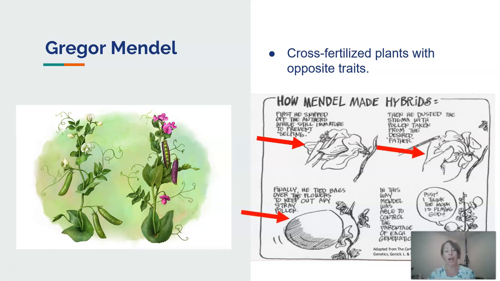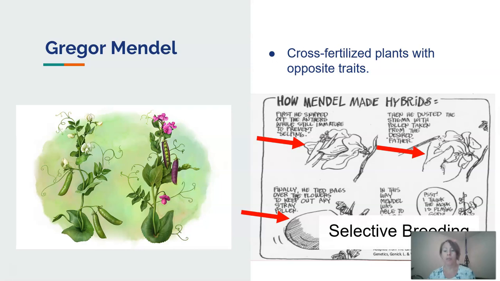And then he would put a bag over it to make sure that it didn't get fertilized by any other pollen. And so this is some of the first records of selective breeding. So this is the same thing that some people do with pigeons, we do this with dogs. So he used selective breeding to perform his experiment.